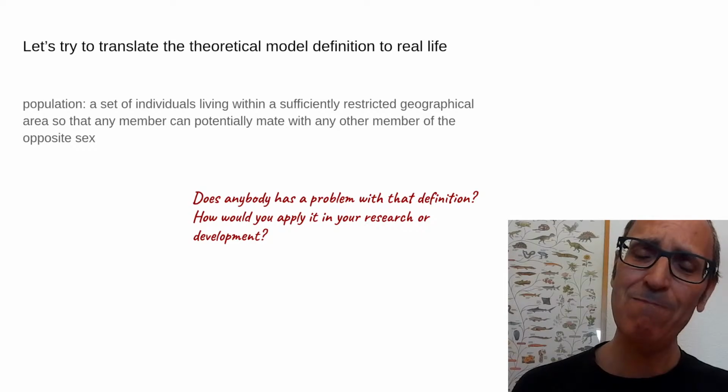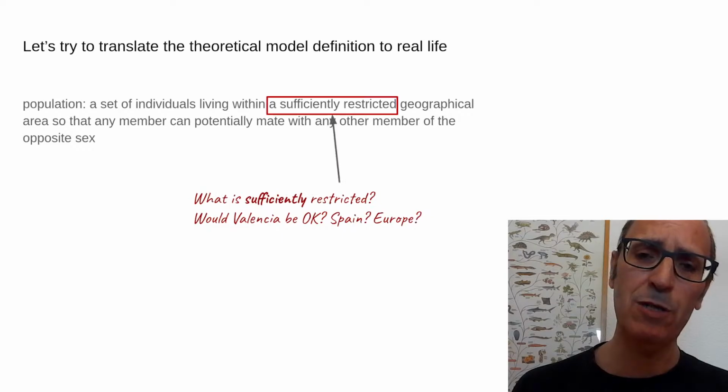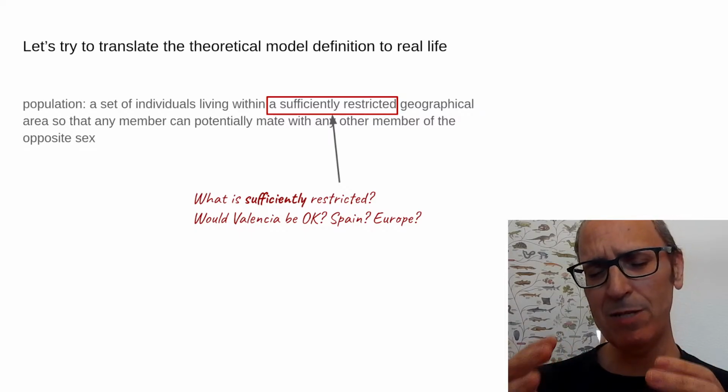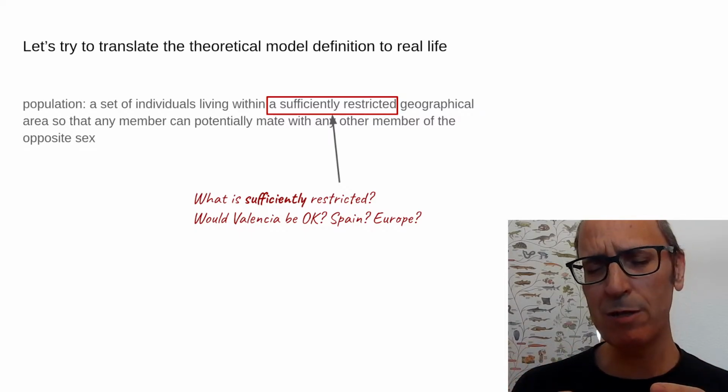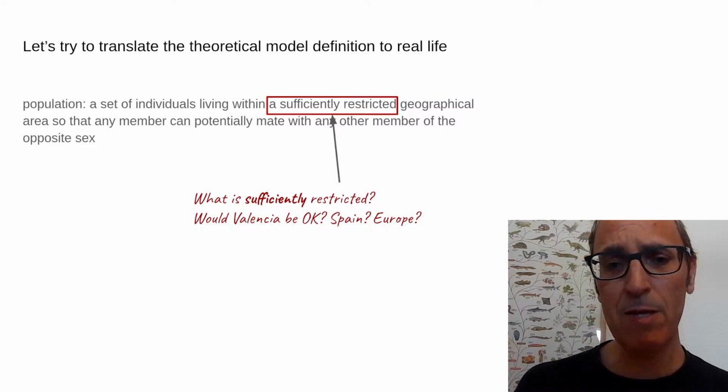But there are problems with this possible definition of how to define populations in the real world. Because what do we mean by an area that is restricted geographically? How restricted? Should it be a valley? Should it be a small part in the valley, maybe a meadow close to a river that we are studying?